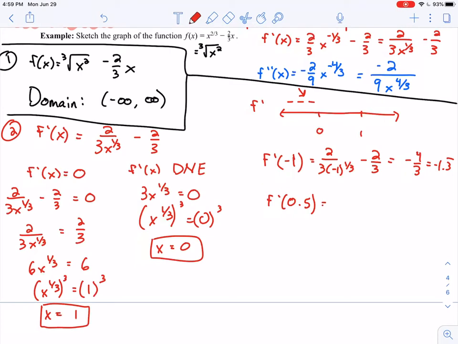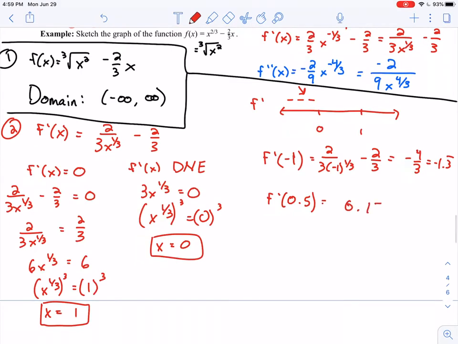I'm not going to write that whole thing out. I'll let you do that if you'd like. But here, if you want a decimal, I have 0.173 repeating. Again, really the thing I want to take away from this is the sign. It's positive, which means that my function is increasing. So okay, that's very good to know.